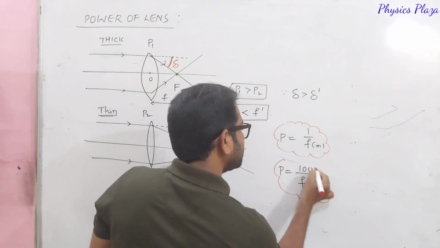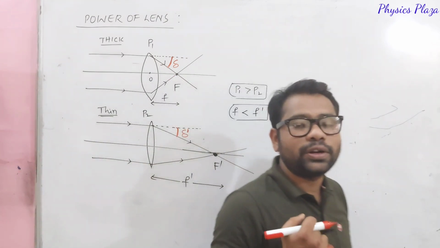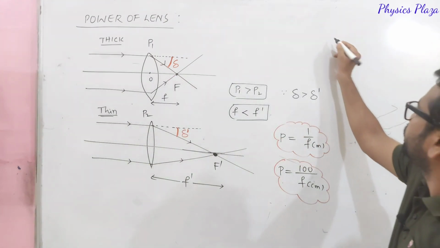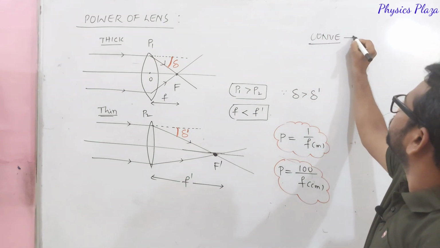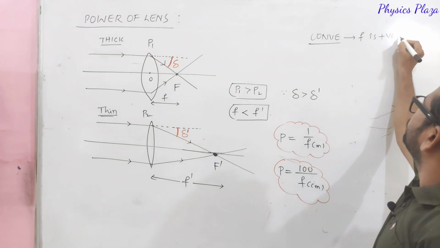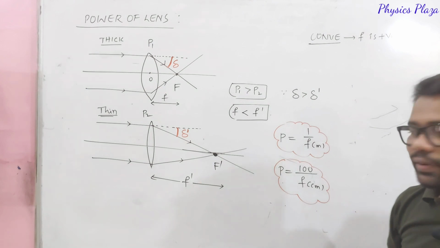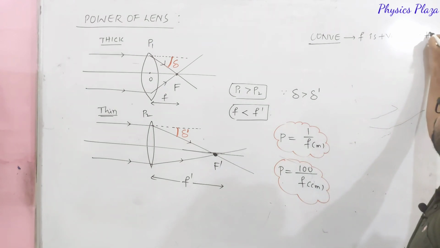Okay, fine. Children, according to sign convention, for a convex lens, f is always positive. So the power of a convex lens is also positive only.